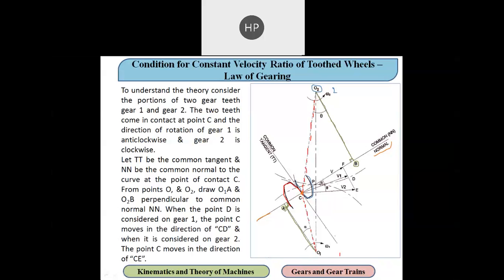Then the next step, we have taken a line from O1 normal to that common normal line.